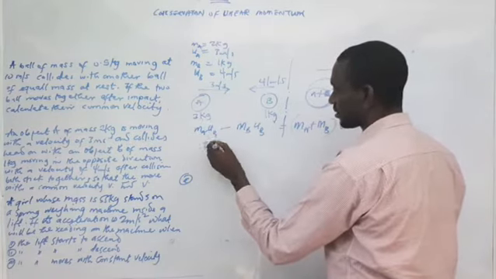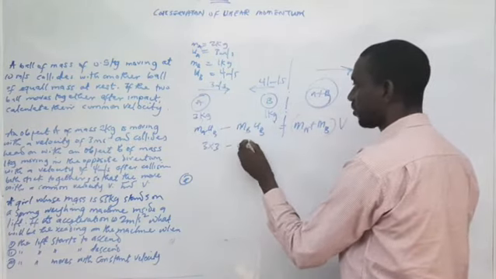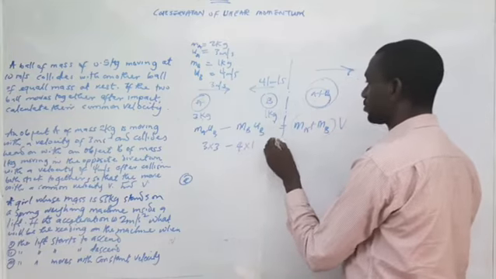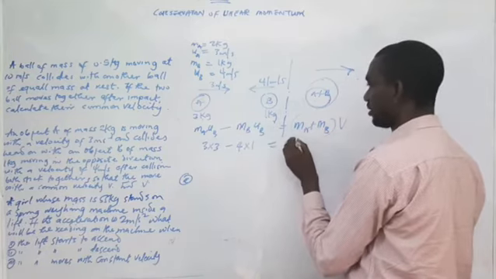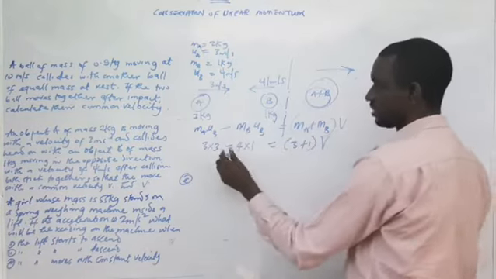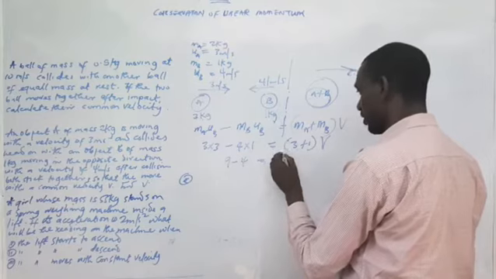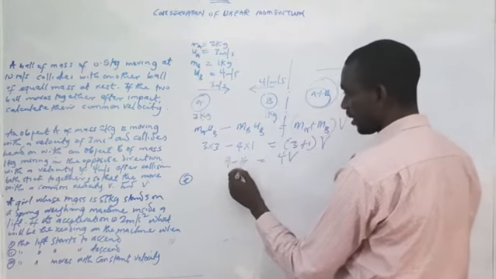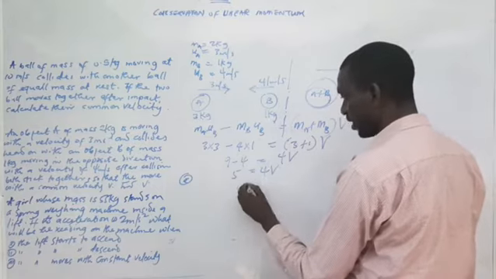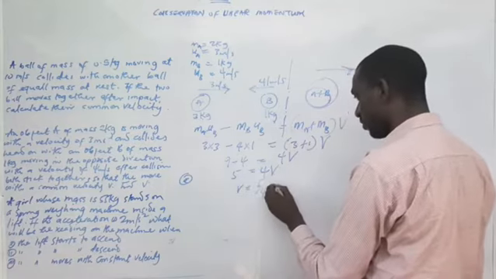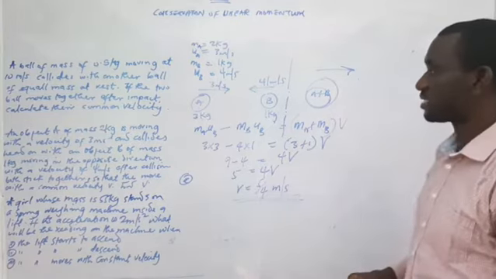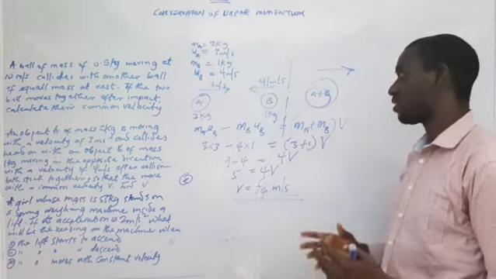We have 3 times 3 minus 4 times 1 equals 3 plus 1 bracket V. This is 9 minus 4 equals 4V. 9 minus 4 gives us 5 equals 4V. So your V will now equal 5 divided by 4 meters per second. That is the common velocity they have after collision.